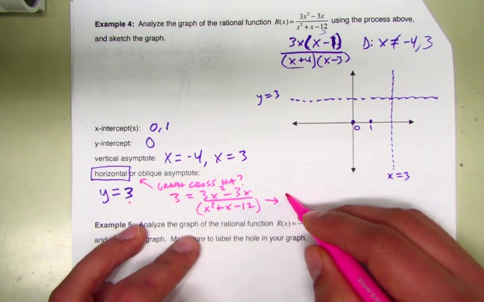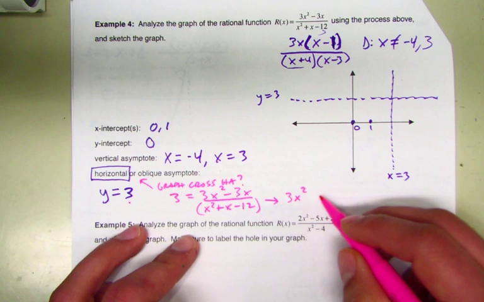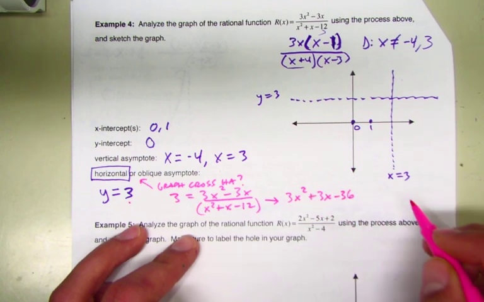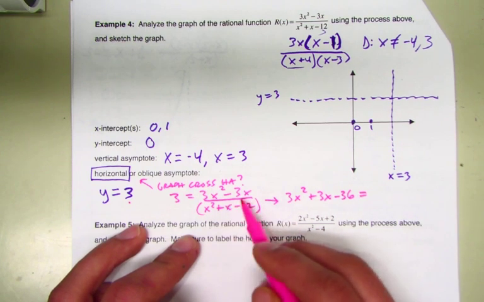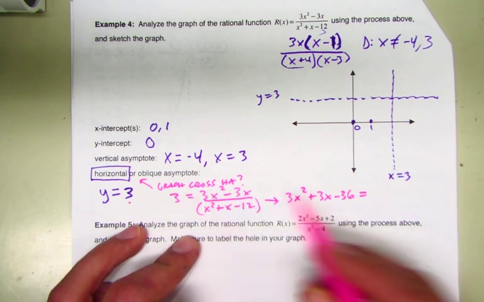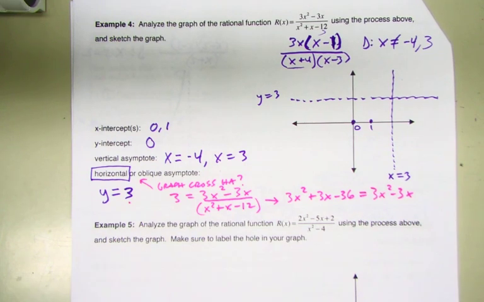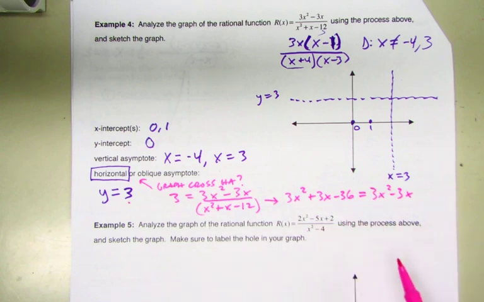So that gives us 3x squared plus 3x minus 36. And then on the right-hand side, now my denominator is gone, and it's just 3x squared minus 3x. Okay, do you guys see how we got that so far?